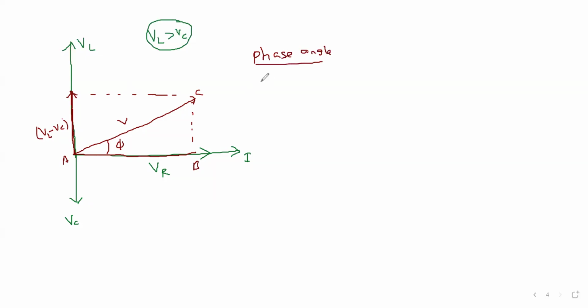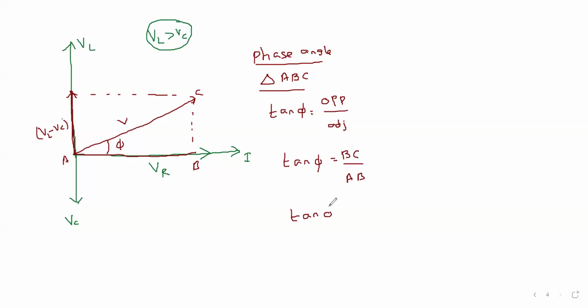To find the phase angle, I am going to take triangle ABC and find tan phi. What is tan phi? It is opposite by adjacent side. So tan phi is equal to opposite BC by adjacent AB. The opposite is VL minus VC, and the adjacent is VR.